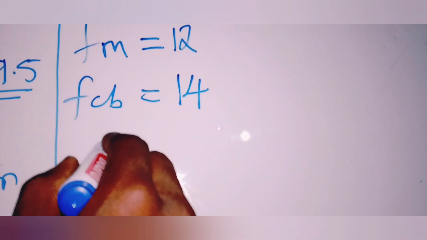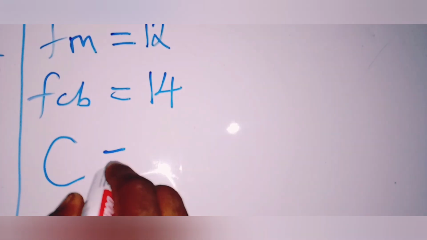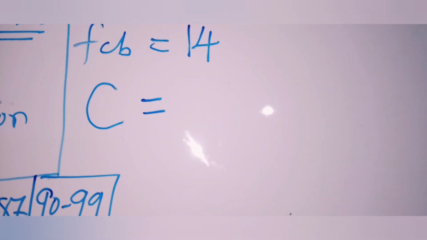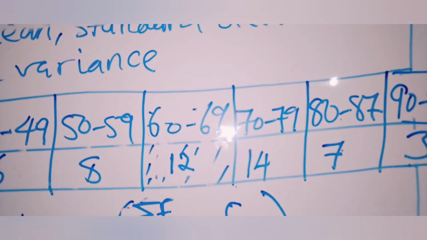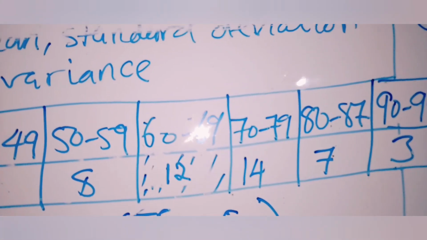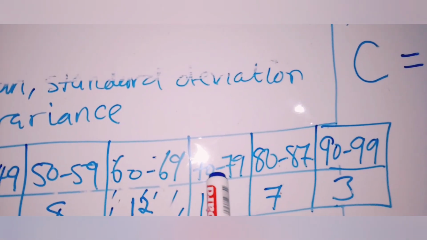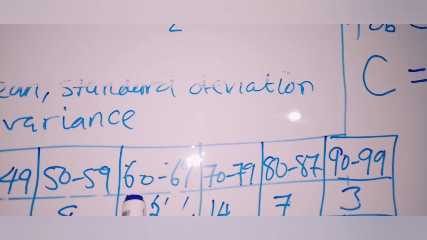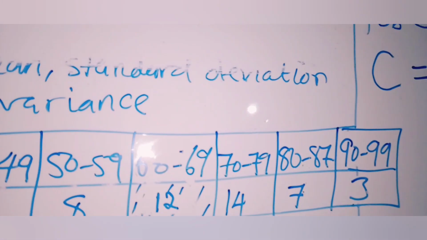What I mean with the C, which is the class width. Okay, so class width, this is what we need to do. You can add the upper, you can add 69 and 70, you divide by 2, and also 60 and 59, you divide by 2.